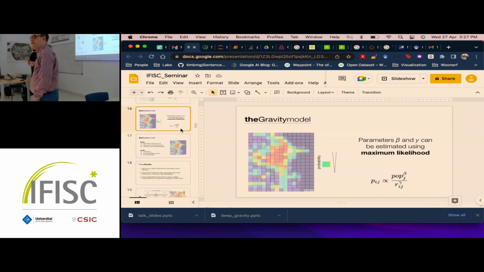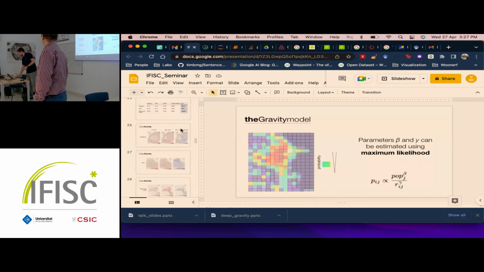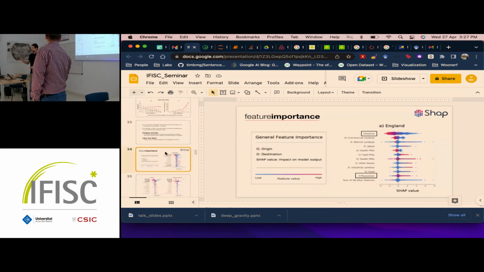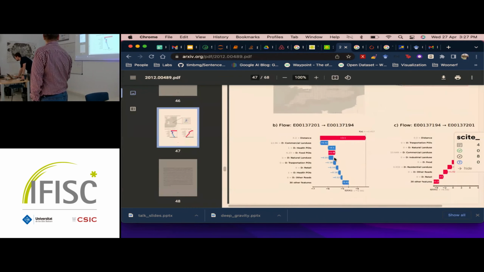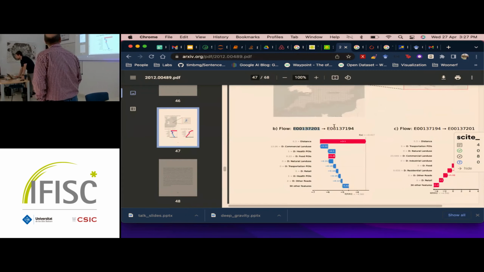First of all, I totally agree with you about the gravity model and the difference. The point is not really the performance increase, but in my opinion two other things. The first one is the SHAP values plot here, which works for each single entry. Let me check if I have the paper open here, because maybe it's more interesting to see this one. For each single entry, you can go from this origin to this destination, information you have in the dataset, and try to understand what's going on.